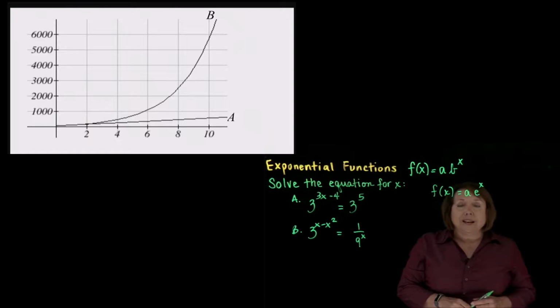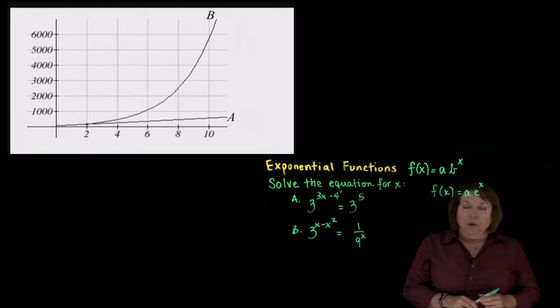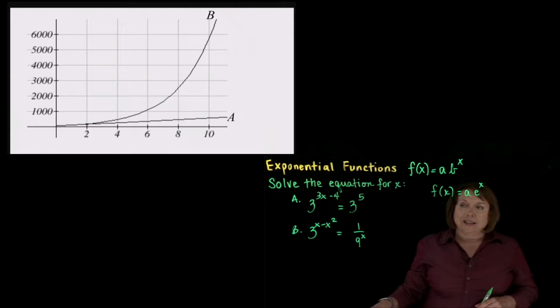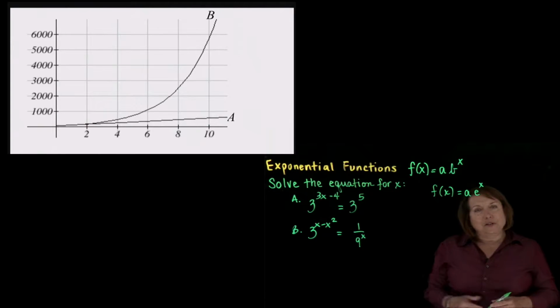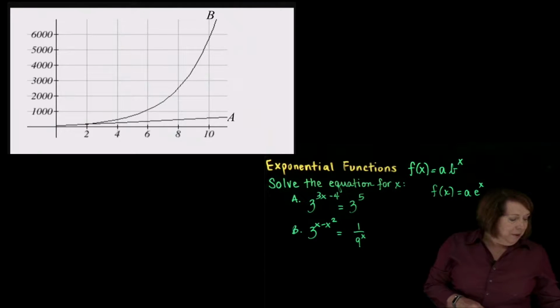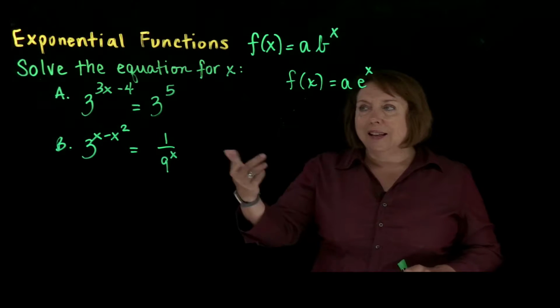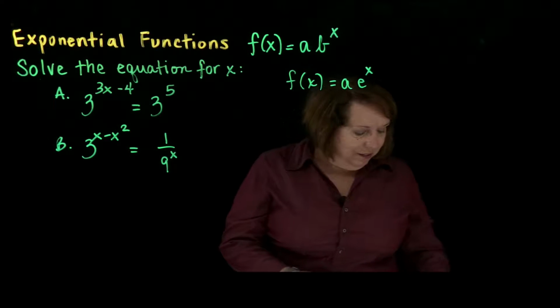B is an exponential function. It's growing very quickly. Once you get beyond 6 on the horizontal axis, you can see, like between 8 and 10, how steep the graph is. So it looks very different than a linear function. Let's come back together now and let's solve our equations.